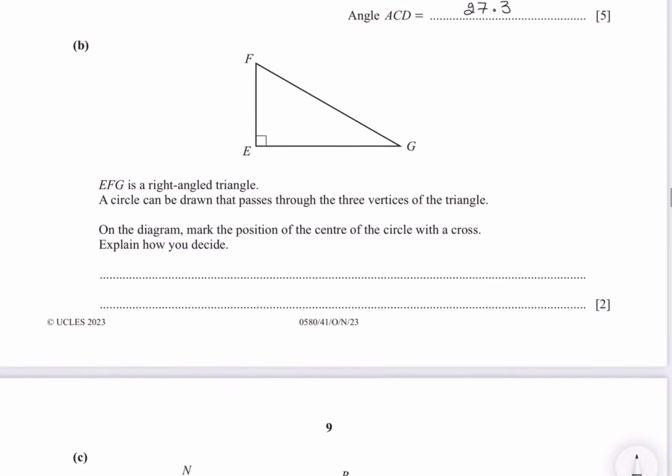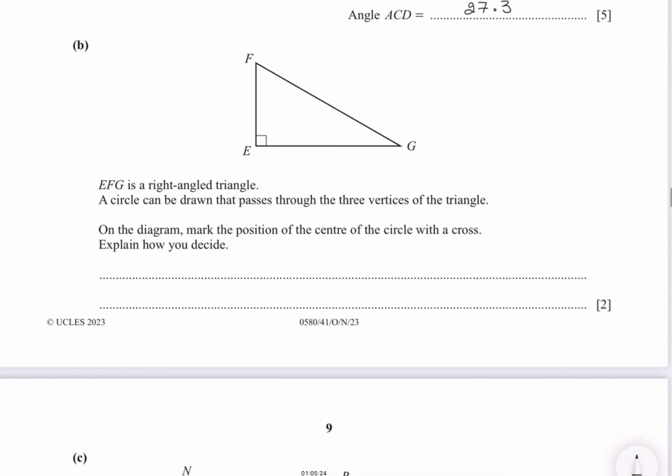B part. In B part, EFG is a right angle triangle. A circle can be drawn that passes through 3 vertices of the triangle. On the diagram, mark the position of center of the circle with a cross. Explain how you decide. So this is a very simple question.